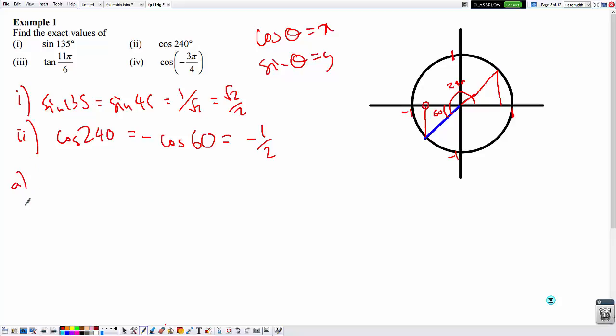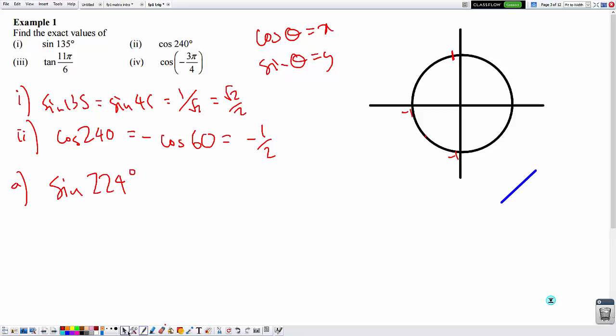Let's just call this A. Again, the whole point of this is relating to things that are here that we already know. So let's work out sine of 225 degrees.